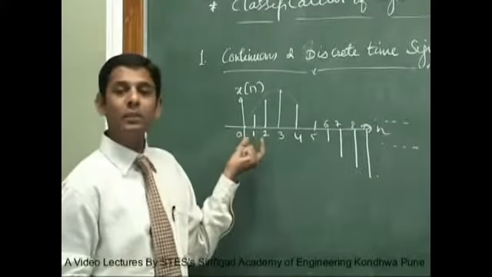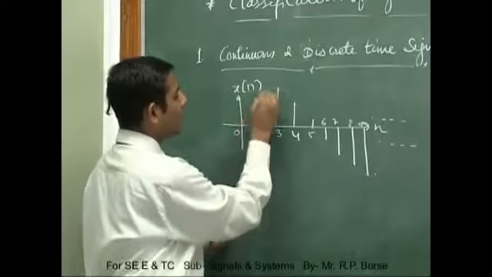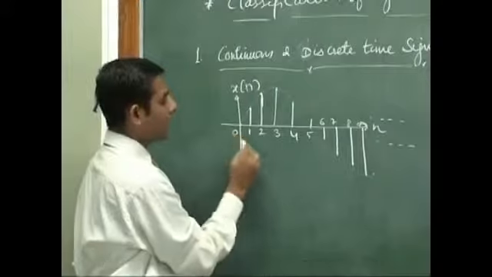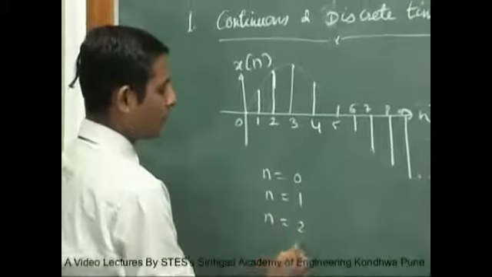But the point of importance here is that the signal is defined only for particular values of time. Say it is defined at n is equal to 0, n is equal to 1, n is equal to 2, and so on.